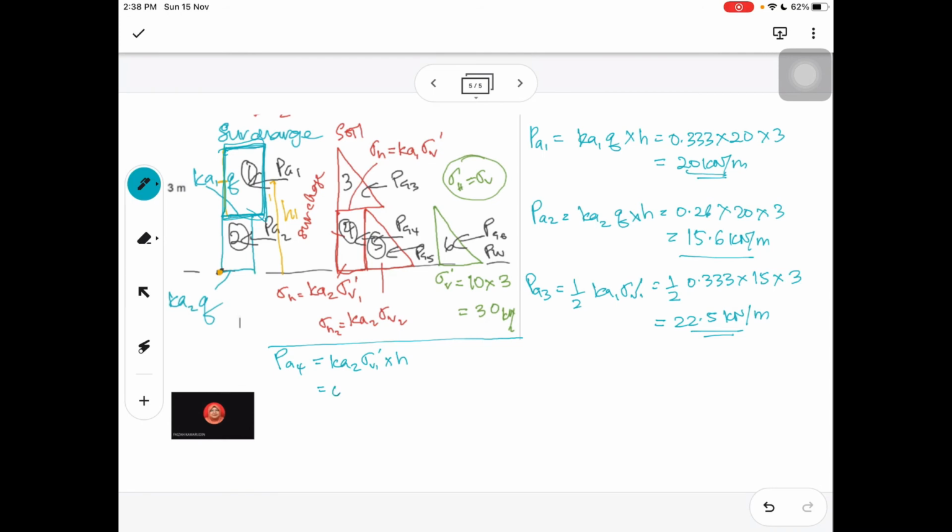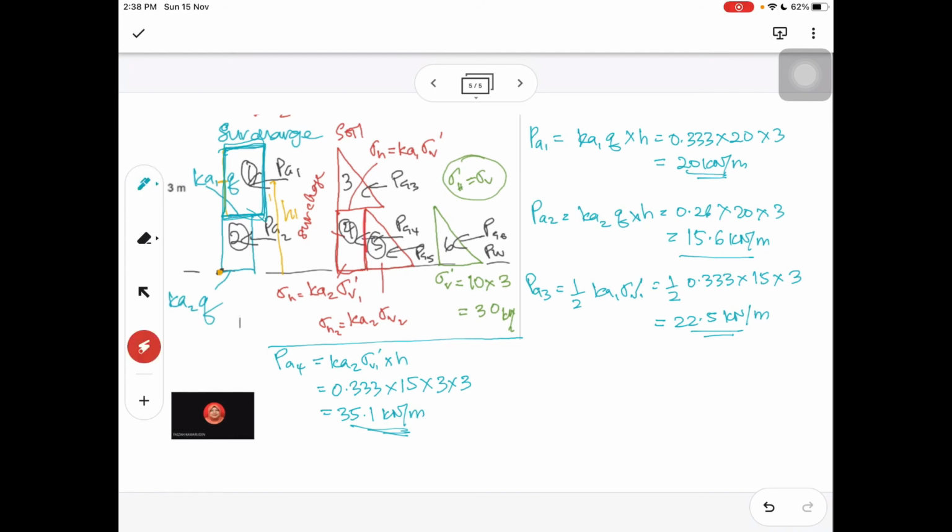So equals 0.333 times unit weight 1, which is 15, times H1, which is 3, and times another height 3. So that will be 35.1 kilonewton per meter. Okay, so that is PA4.